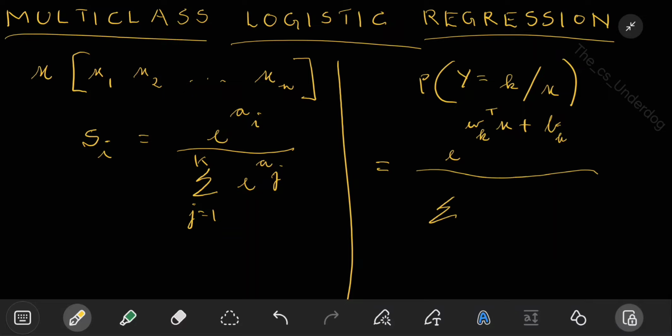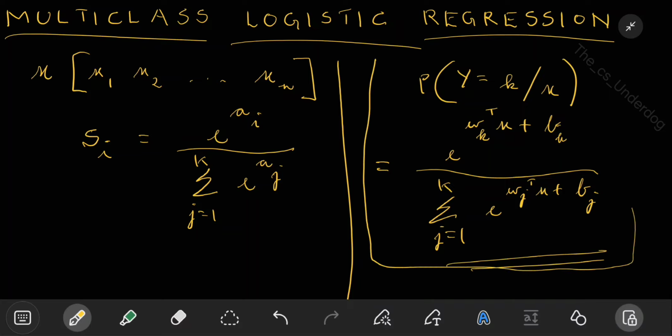How do you sum over all the classes? j equal to 1 to k of e power wj transpose X plus bj. This is how you find the probability for the kth class using logistic regression. In the same way, you find the probability for each class, and whichever has the highest probability, that is the class to which you will assign this. Just keep this in mind.